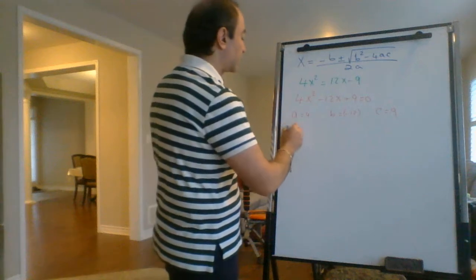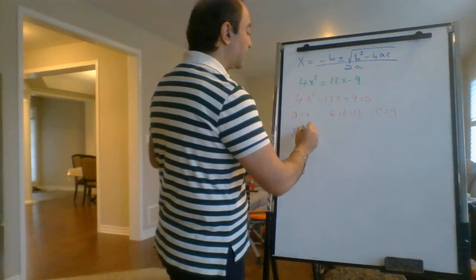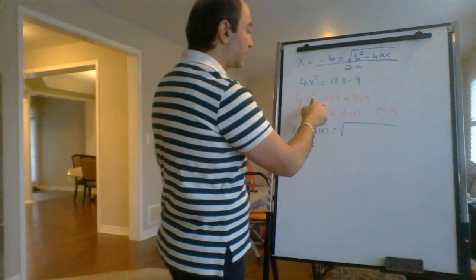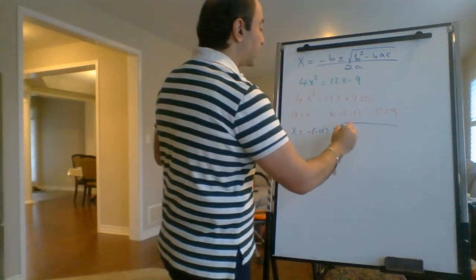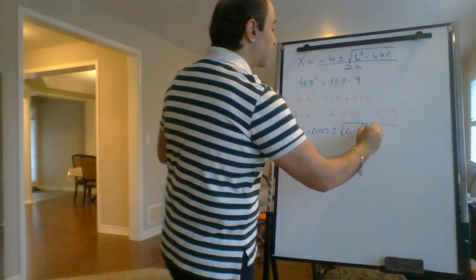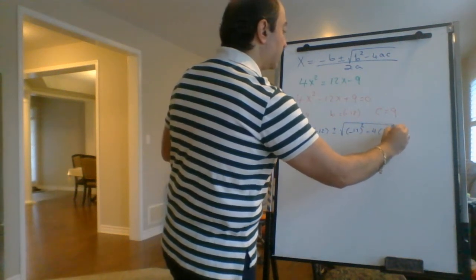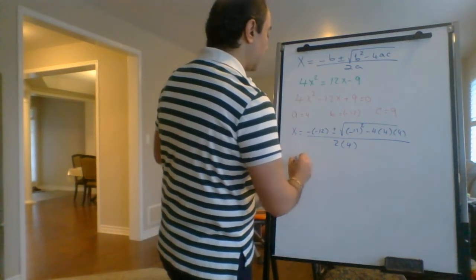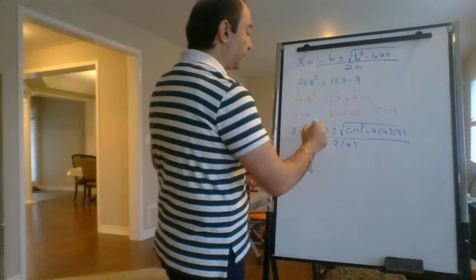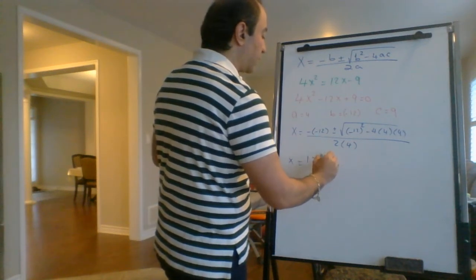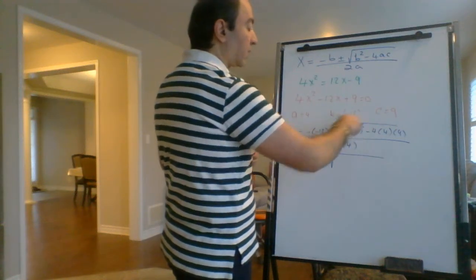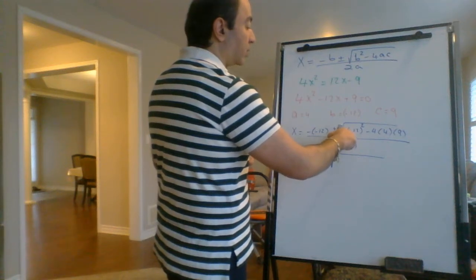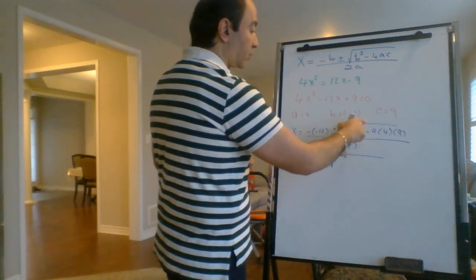So x equals minus B, so minus negative 12, plus or minus square root. We take B with its sign. Square root of B squared, so negative 12 squared minus 4 times A times C. Everything divided by 2 times A. So negative 12 is positive 12, plus or minus square root. I want to calculate whatever is inside here first, so I use order of operations, where the square comes first.